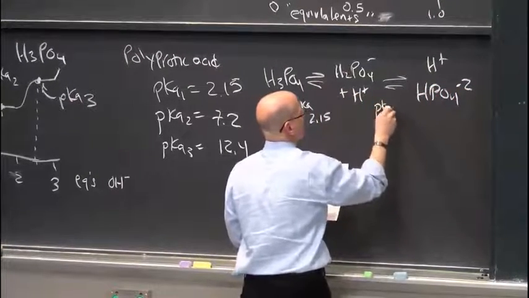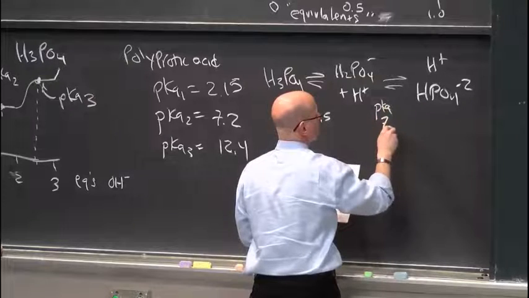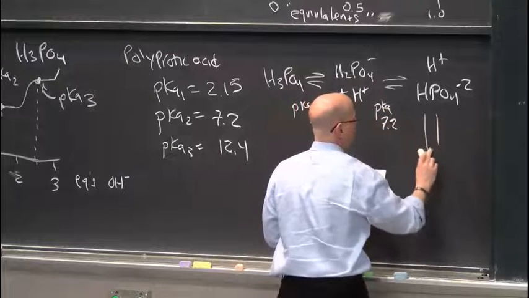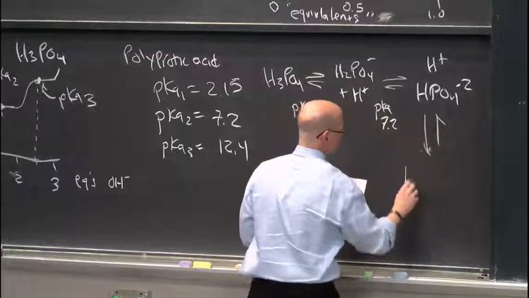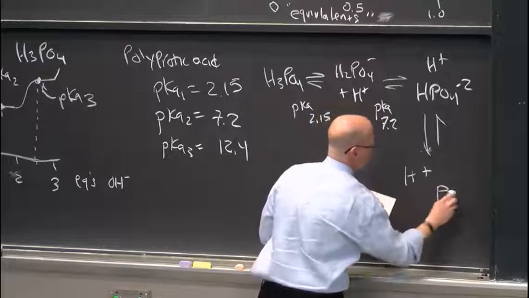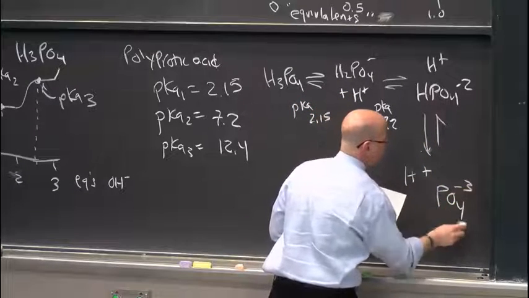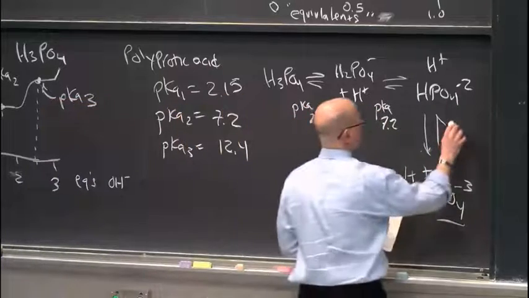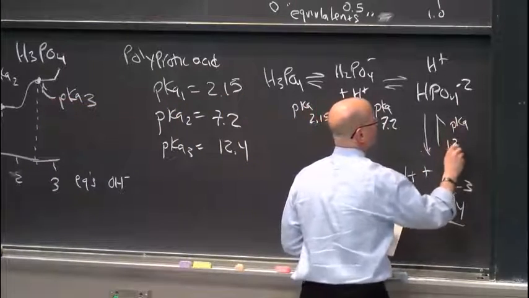And this has a pKa of about 7.2. And then I have a third reaction in which I dissociate another proton. And now I have the phosphate ion alone with a charge of minus 3. And this pKa here is about 12.4.